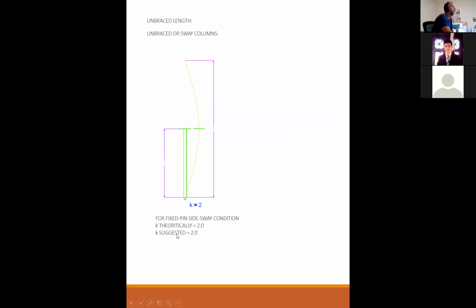The suggested value is also 2. For a fixed-free condition, basically a flagpole, you're fixed at the base and totally unsupported at the top, then the deflected shape takes on a curvature where the sine wave is twice the height of the column. So the theoretical K is 2, but the suggested K is 2.1.